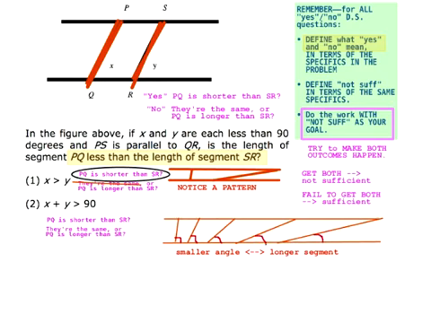If you realize this, then you're going to realize it's not possible to get PQ longer, because x greater than y is going to directly imply that the angle on x is the smaller angle. Anyway, PQ is the smaller segment.